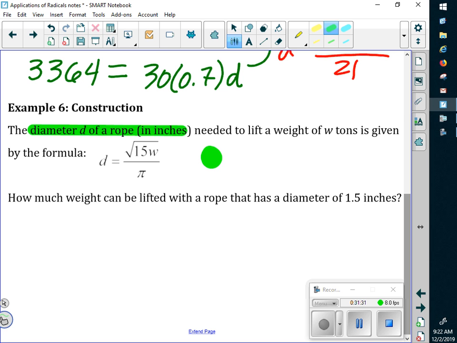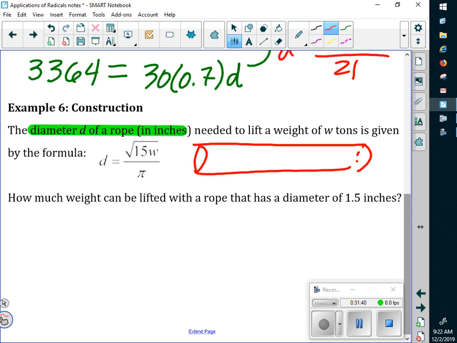So here's my rope. You slice it like this. Okay, the diameter is this right here. That's right. Radius is half the diameter.